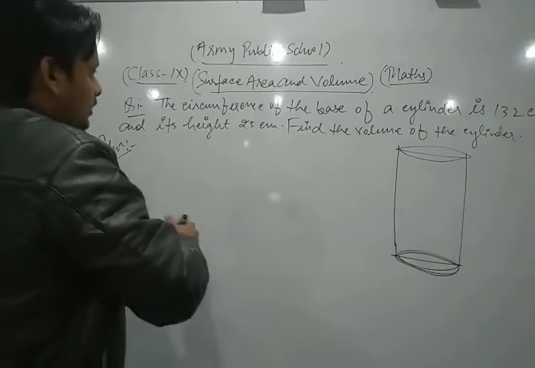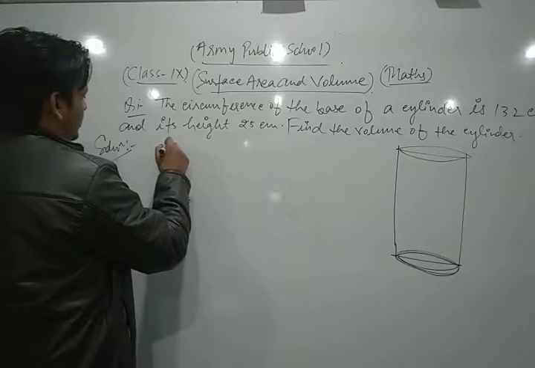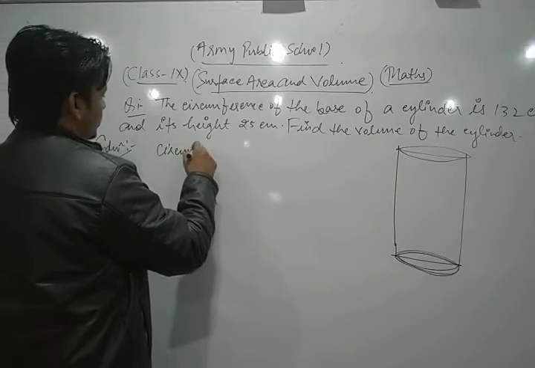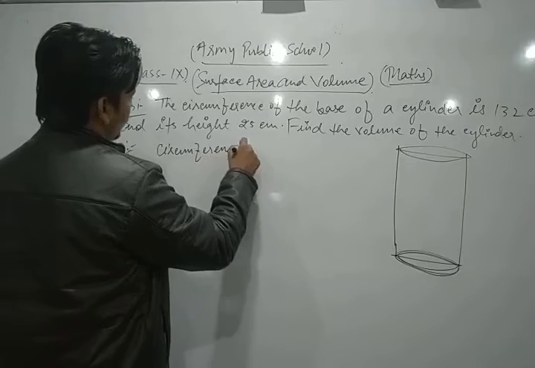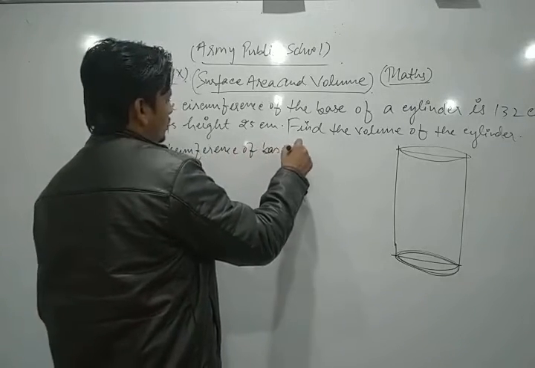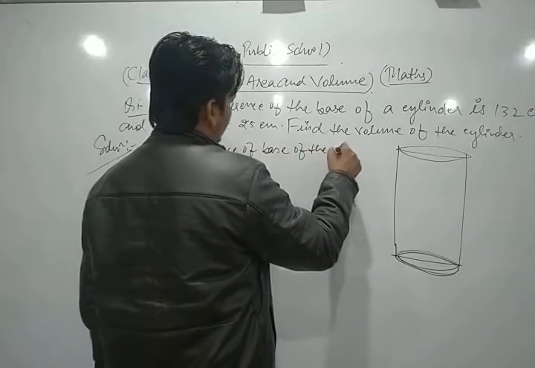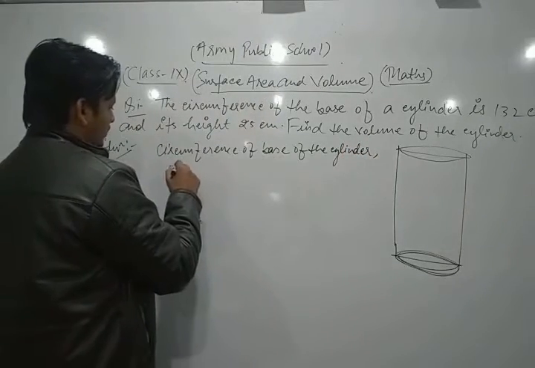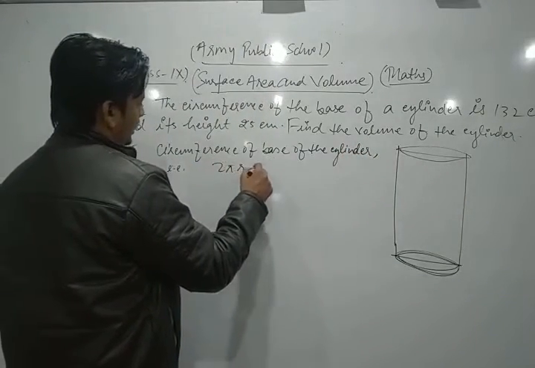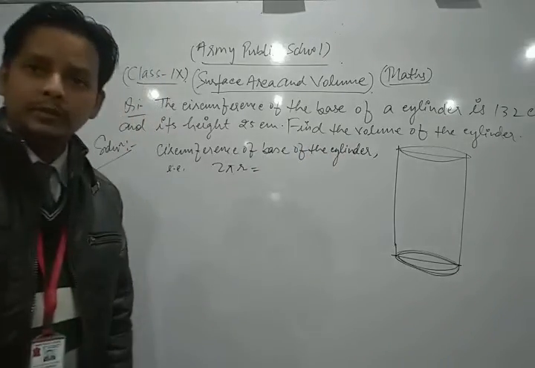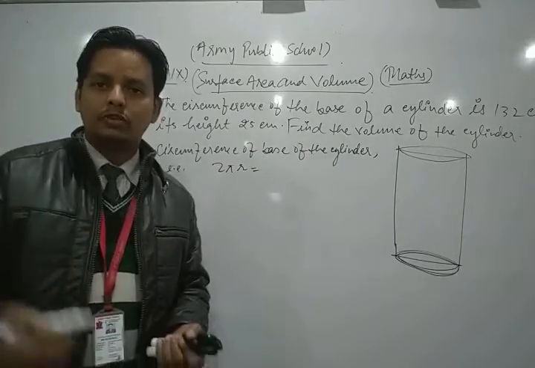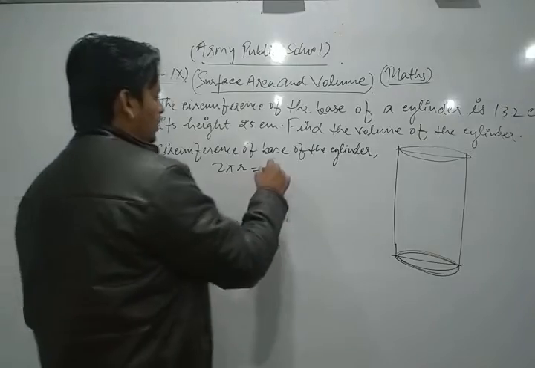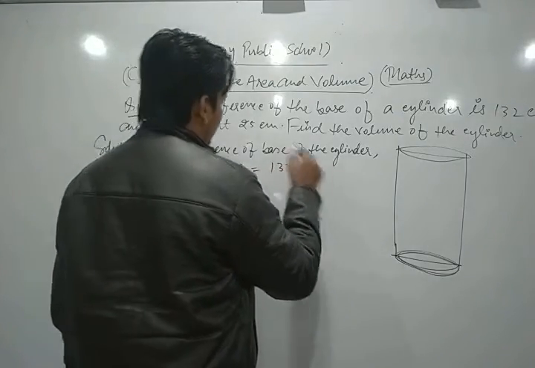So here the circumference of the base of the cylinder is 2 pi r, which is equal to 132 centimeter, because the base of the cylinder is in the form of a circle.